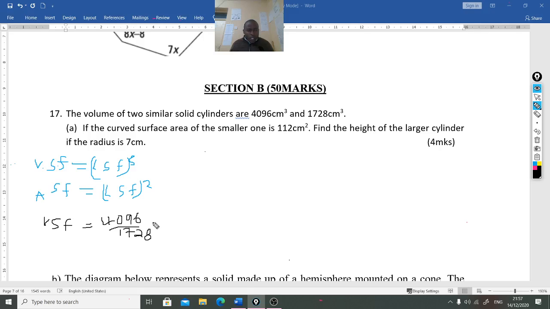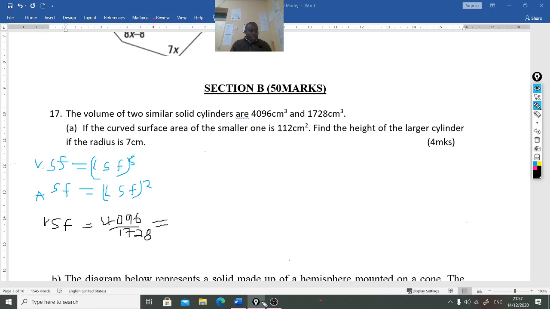Now ensure you write this in your calculator in fraction form, so that you retain everything in fraction to make your work easier. You press 4096 in your calculator, then you press the AB over C key, then 1728.